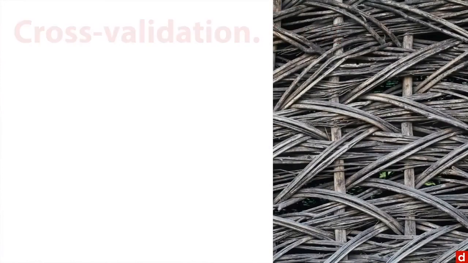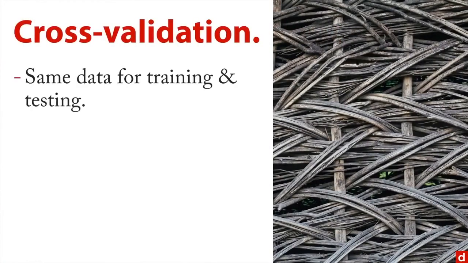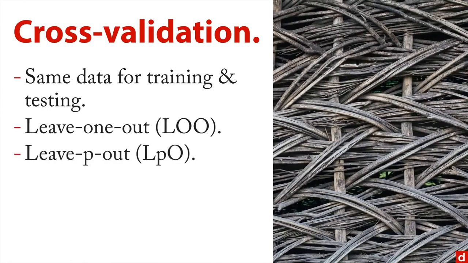Finally, I'll just mention one more, and that's cross-validation. This is when you use the same data for both training and for testing or validating. There are several different versions of it, and the idea is you're not using all the data at once, but you're kind of cycling through and weaving the results together. There's leave one out, where you leave out one case at a time, also called LOO, L-O-O. There's leave P out, where you leave out a certain number at each point.